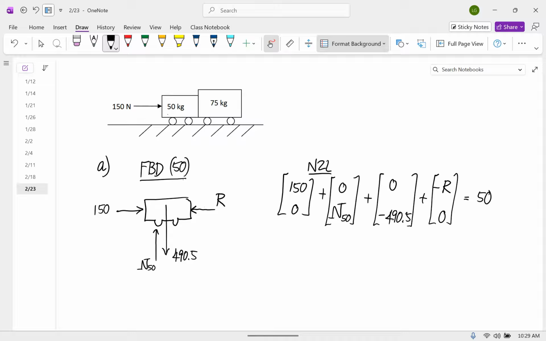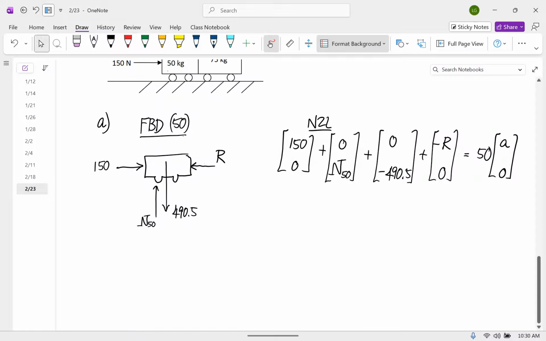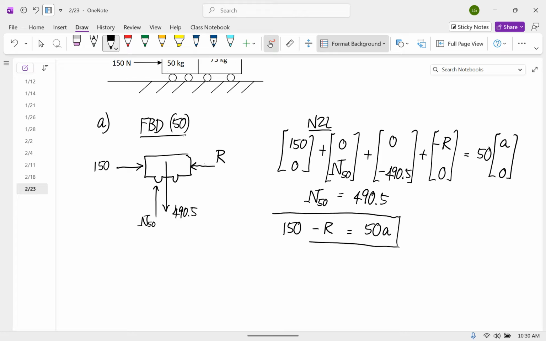We're going to assume it's just rolling horizontally, so I'm going to put this as A, 0. The second equation tells us N50 is equal to 490.5, but that's not something that we're asked for. The first equation says 150 minus R is equal to 50A. We can't solve that because it's two variables, so I'll just set that aside.